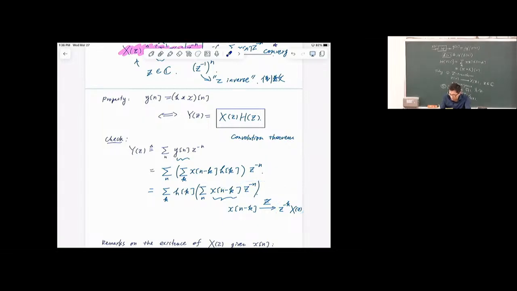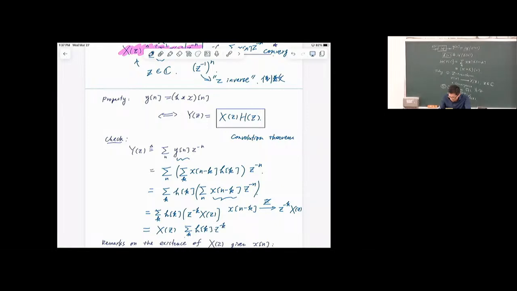So now let's try to substitute this in here. Then it becomes the summation over k of h[k], and what do we have? z to the minus k and X of z right here, right? Okay, so we're going to finish pretty fast. And now you can see we have a factor that does not depend on k, so it can be moved to the outside, and what remains inside becomes h[k] z to the minus k.